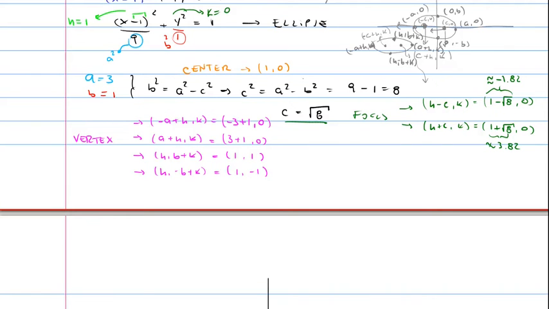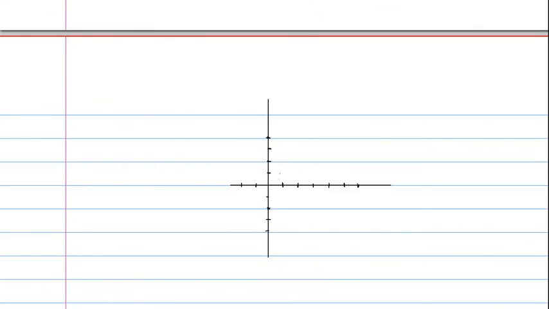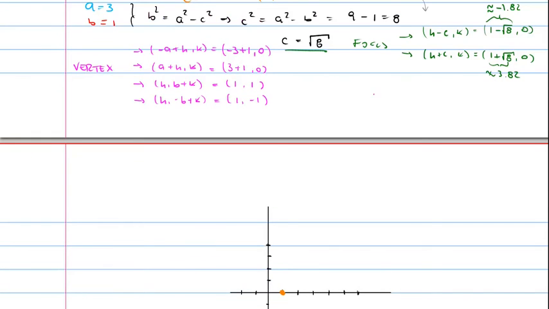The center of the ellipse was in 1, 0. That is, this point. Now, let's mark all the vertices. One is in 4, 0. The other one is in minus 3 plus 1 is minus 2, 0.